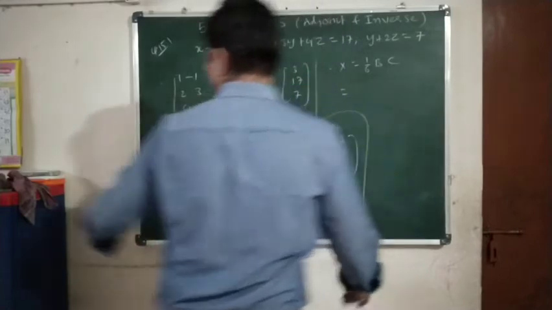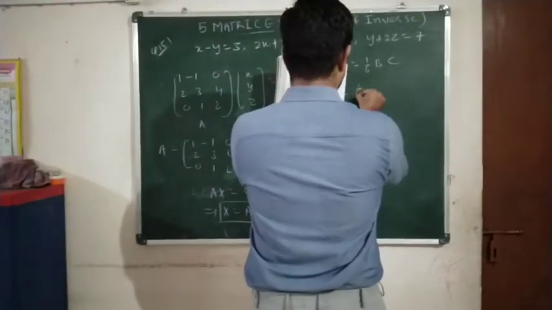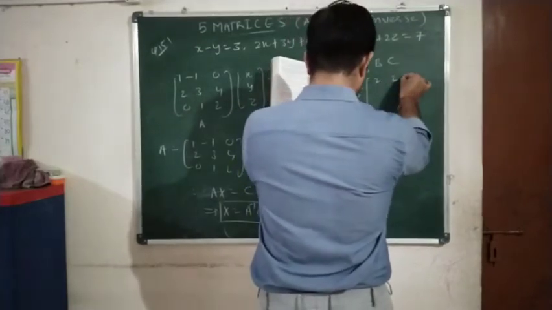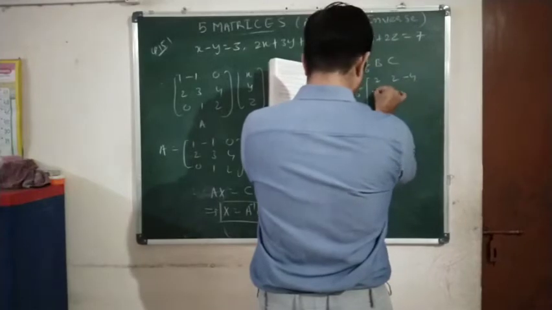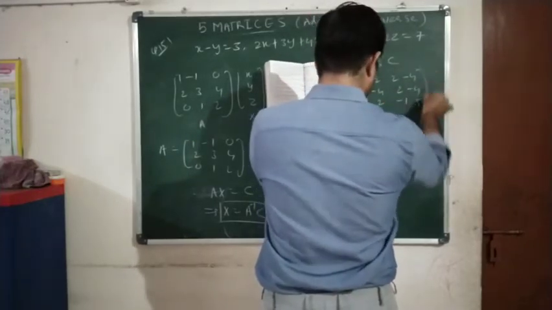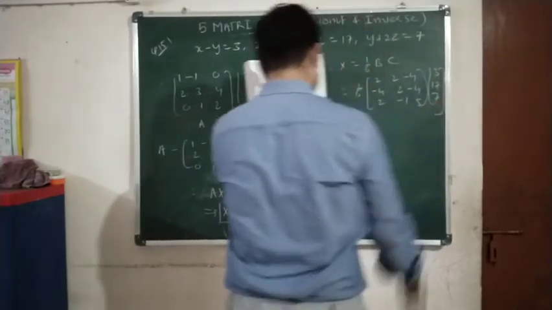So let us write down now 1 by 6 B. 1 by 6 into matrix B, which is given as 2, 2, -4, -4, 2, -4, 2, -1, 5, and C is 3, 17 and 7.